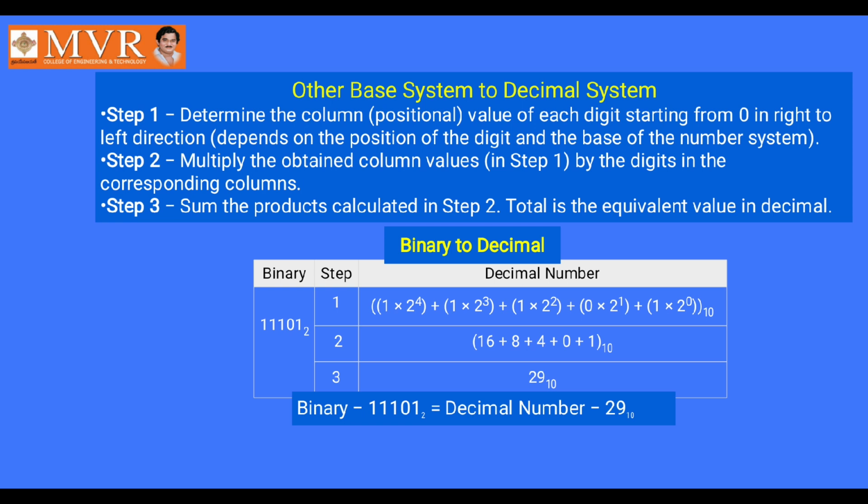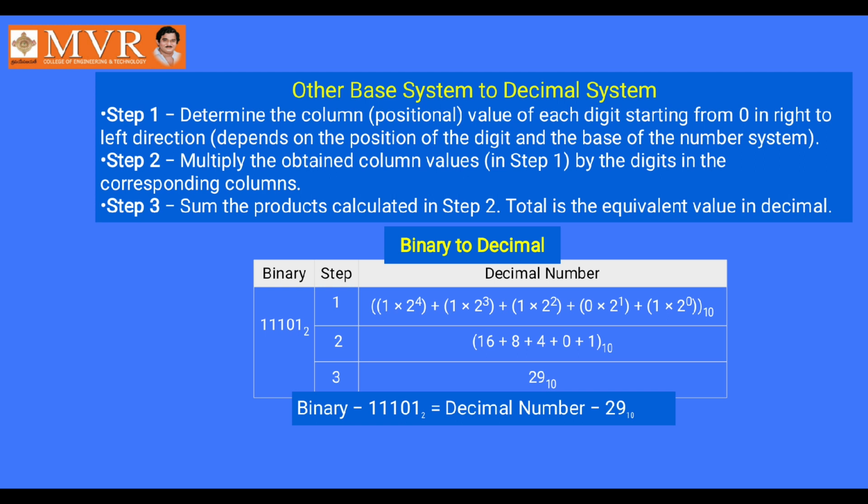So 5 positions. In our number system, the positions stand for 0, 1, 2, 3, 4. In the decimal system, it is the 0th position, 10th position, 100th position, 1000th position, like that. But in the binary system, it is 0th position, 1st position, 2nd position, 3rd position and 4th position.